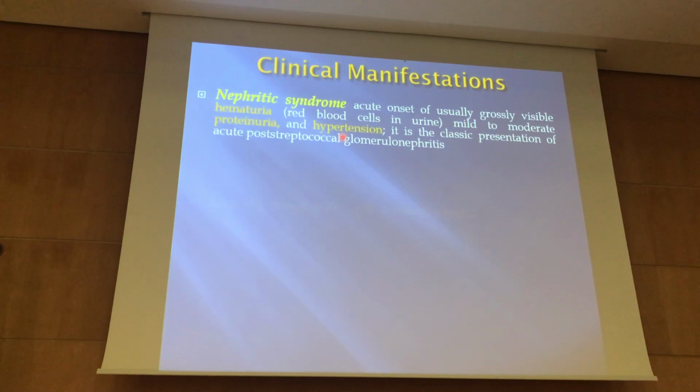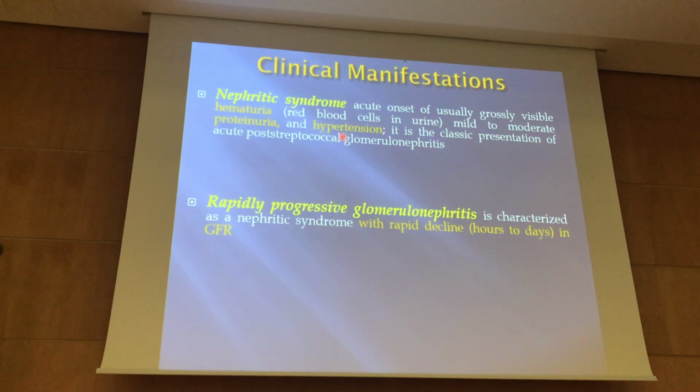Number 2, rapidly progressive glomerulonephritis. It is the same nephritic syndrome when it is not well treated, and it becomes associated with a rapid decline of the GFR. What happens here? The parietal epithelium starts forming crescents.